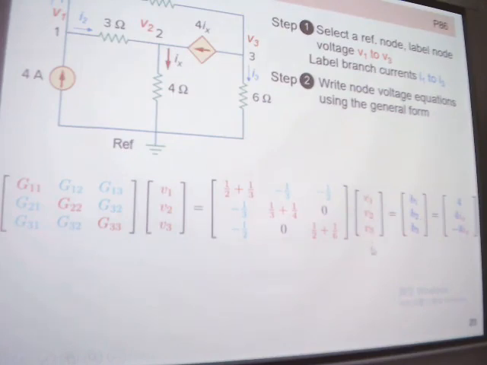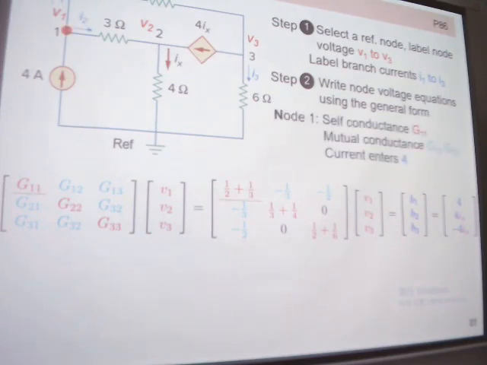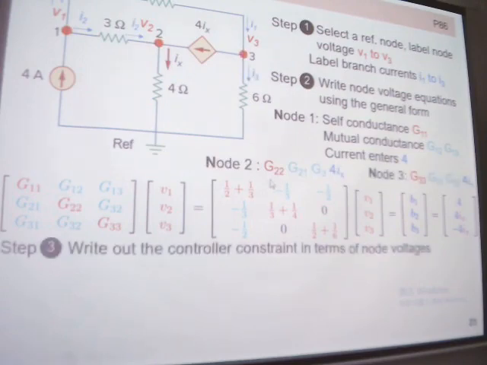And our variables are still V1, V2, V3. And here, the current going into node 1 is 4. The current going into 2 is 4Ix, right? And the current going into 3, actually it goes opposite, so it's 4 minus 4Ix. And then, write out the controller constraint in terms of node voltages.